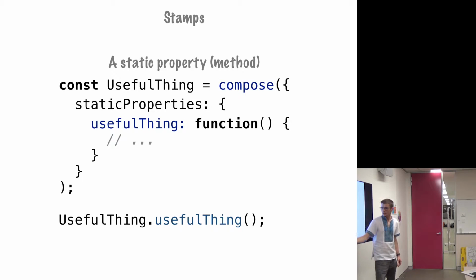I'm using it like a static class, but in our case, it's a stamp which has a function. So it's like a static function from that class. I will be using statics a lot in a few other slides. So if you do not understand that, ask me again. I will explain it in a different way. But please remember that.